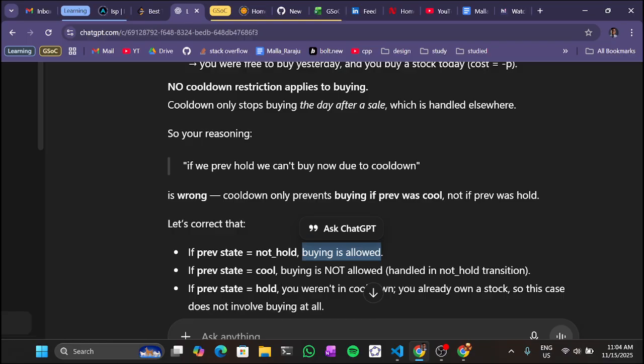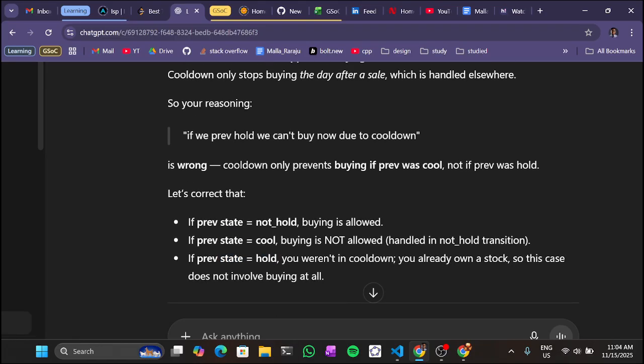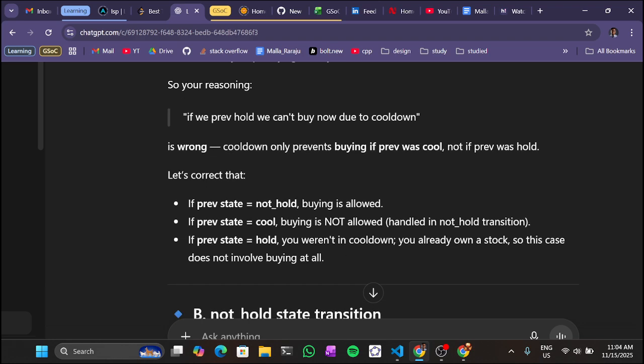If previous state equals cool, buying is not allowed. If previous state equals hold, you weren't in cooldown. You already own a stock, so this case does not involve buying at all. Okay.